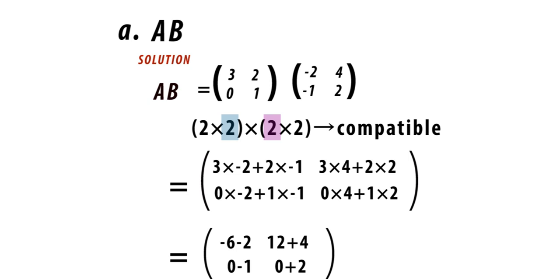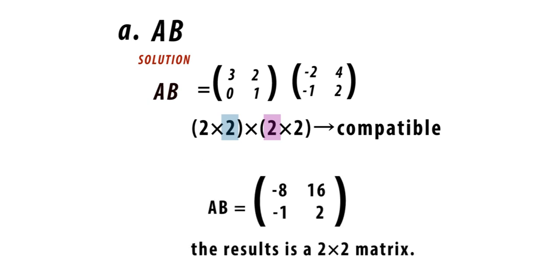We will simplify that to have negative 6 minus 2, 12 plus 4, 0 minus 1, 0 plus 2. When we simplify that further, we will have AB to be equal to the matrix negative 8, 16, negative 1, 2. So you see, the result in this case is a 2 by 2 matrix. I hope you understand.